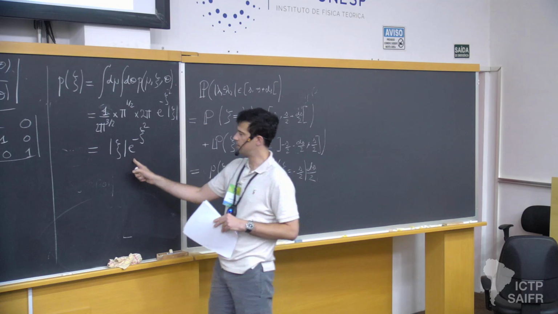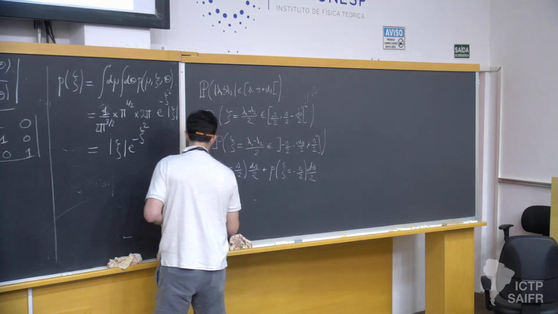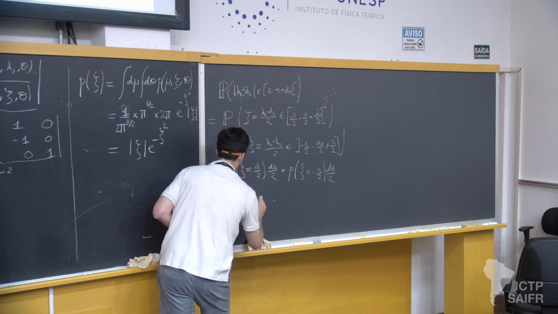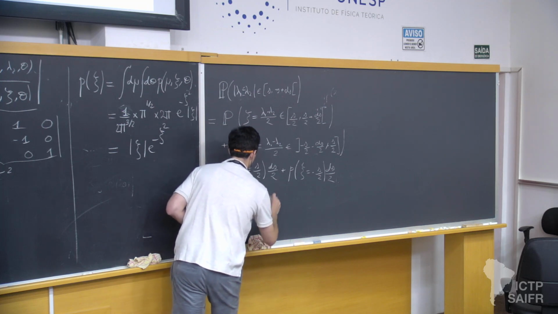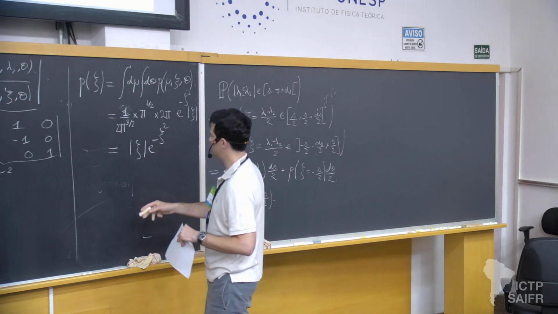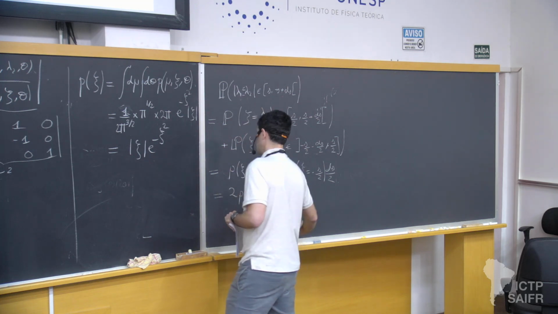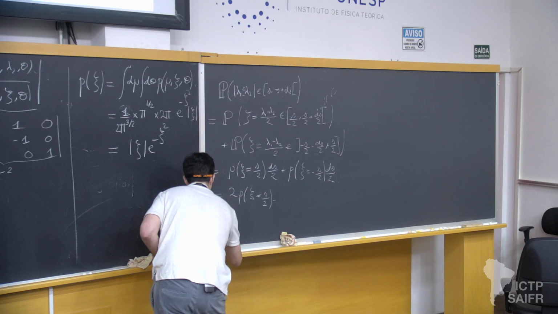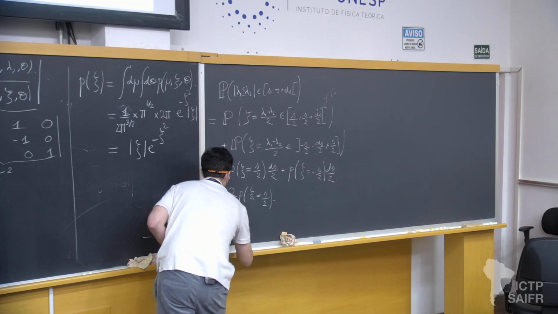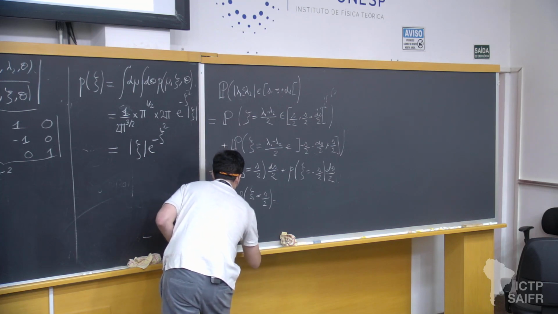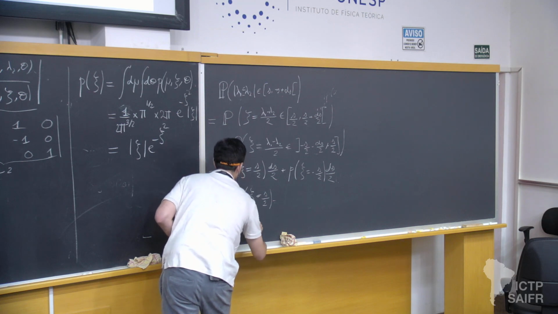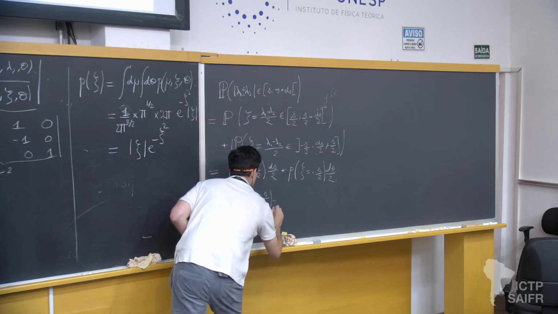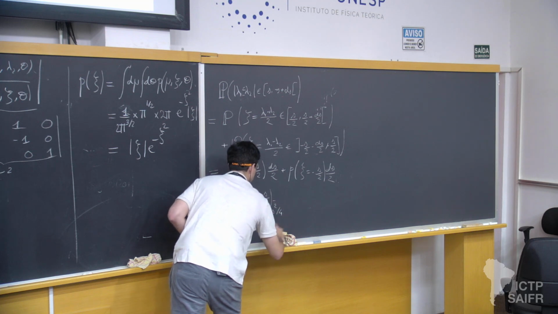P of psi is symmetric, so in fact you just have 2 times the probability that psi is equal to S over 2. And if you make the substitution, you obtain that P of S is equal to 1/2 S exponential minus S squared divided by 4.